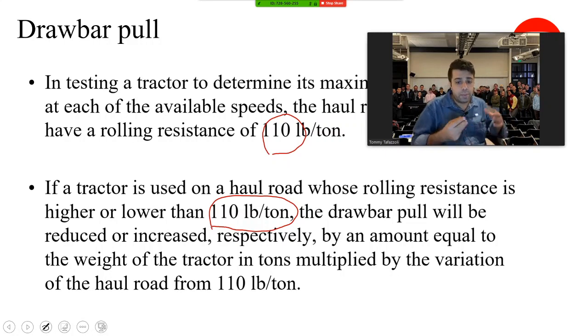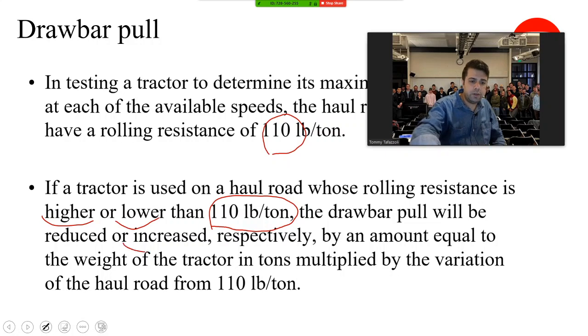So, respectively, what does it mean? It means if it is higher than 110 pounds, it will be reduced. If it is lower, it will be increased by an amount equal to the weight of the tractor in tons multiplied by the variation of the haul road from 110.